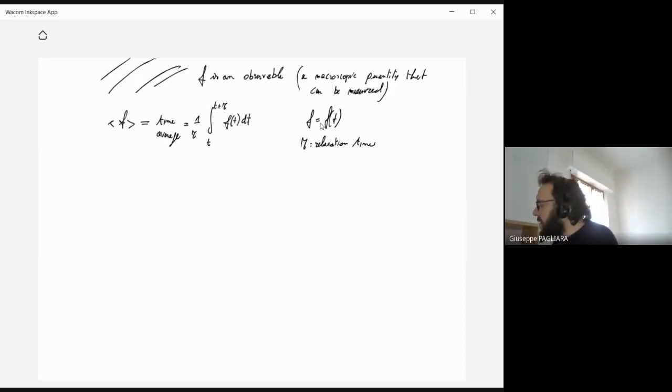Now, of course, this procedure is basically what we do when we measure, for instance, I don't know, the pressure of a gas. We use some measuring apparatus that allows us to measure the pressure.